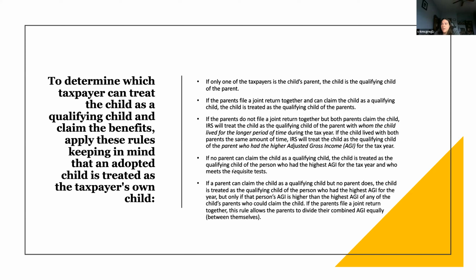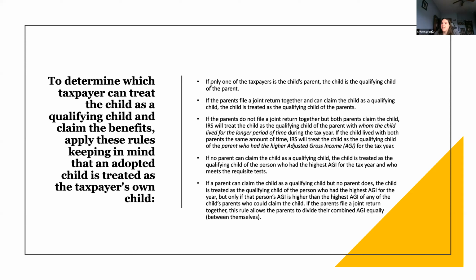If neither parent qualifies to claim the child for whatever reason, then you can go by the next person in the house who has the highest AGI, so maybe the grandparent. And if there are several relatives in the house that could claim it, it's the relative that has the highest adjusted gross income.